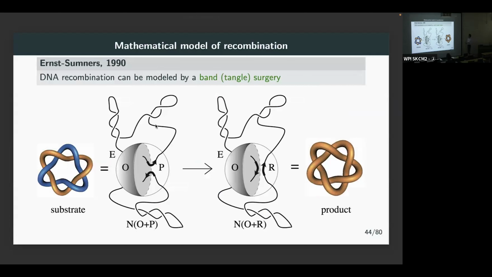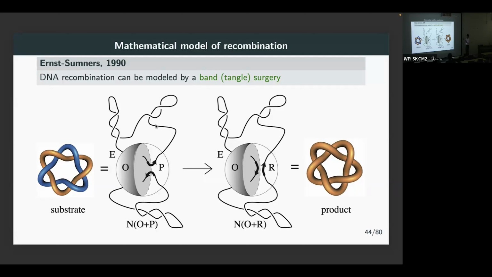Okay, and we will use mathematics to model this DNA recombination. And here we will use something called band surgery. This is the DNA before the recombination, and this ball graph indicates the black box part. So here the enzyme acts.